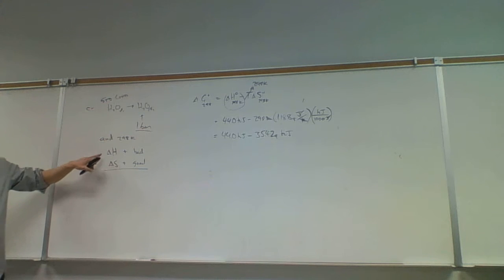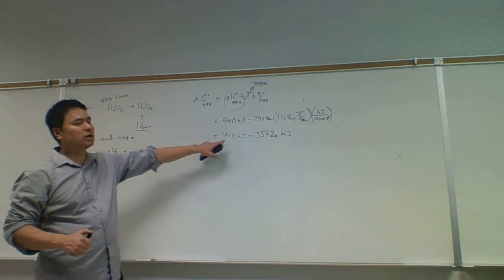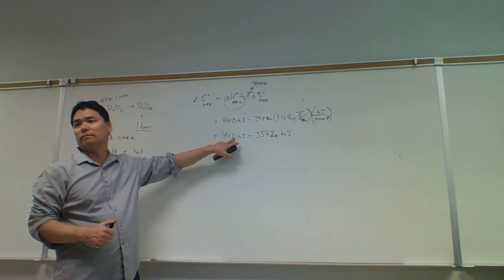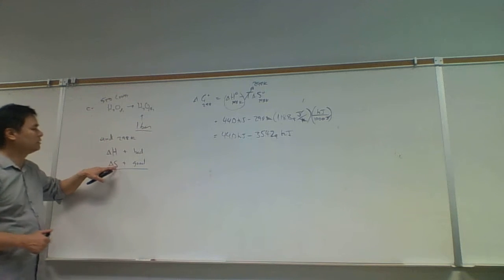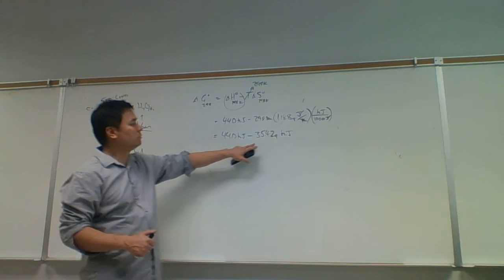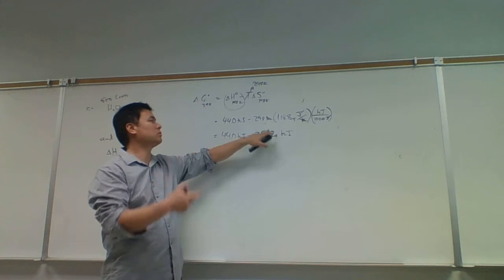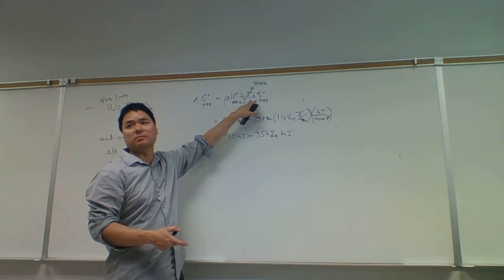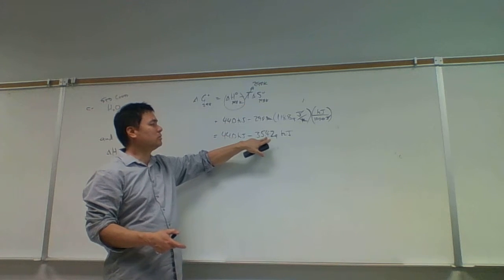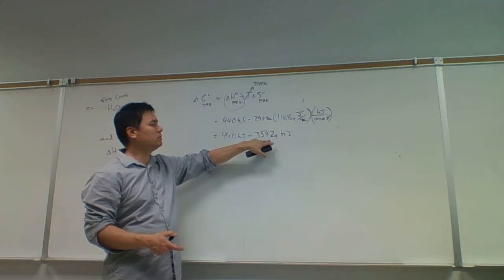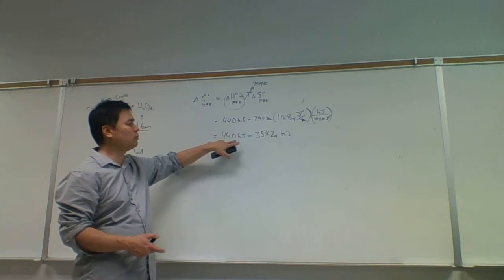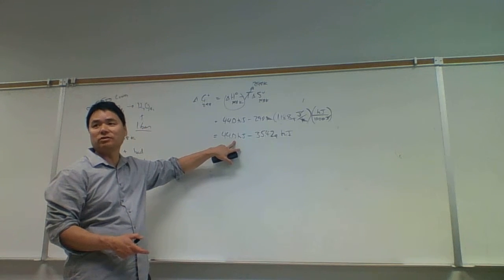Delta H says no reaction, so there's 44 kilojoules that says no reaction. However, the delta S term is 35.429. The term has to be multiplied by the temperature because temperature is going to be a factor, dimensionally. So there's 35.42 kilojoules that says reaction, 44 kilojoules that says no reaction. Who wins?